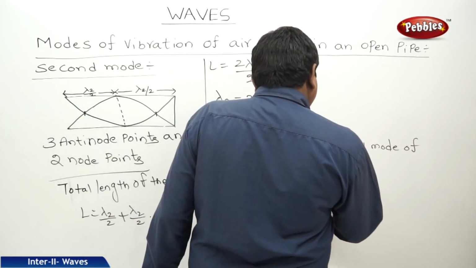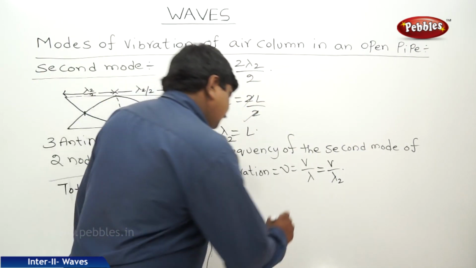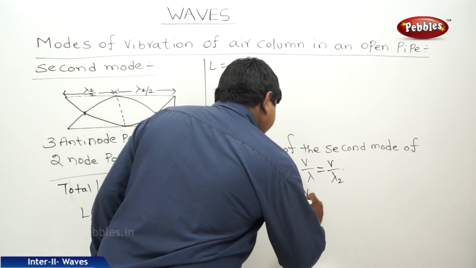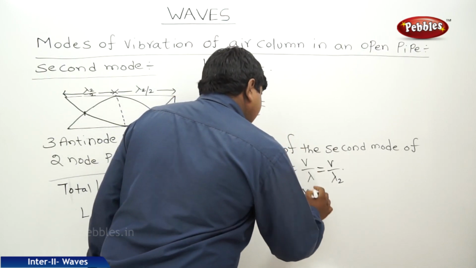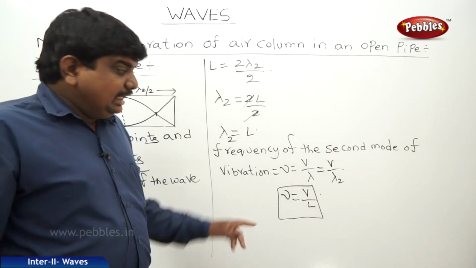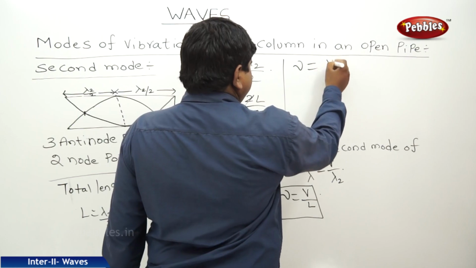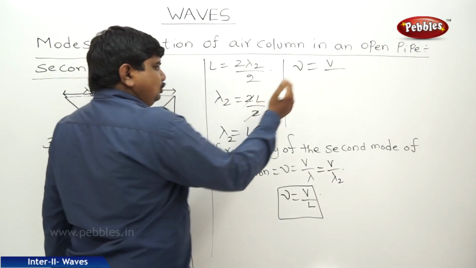So this is equal to V by lambda 2. What is lambda 2? L. In other words, lambda 2 is 2L by 2.